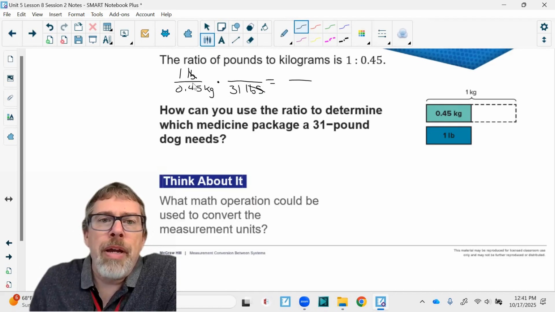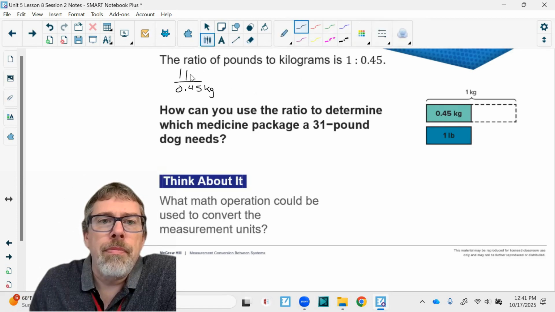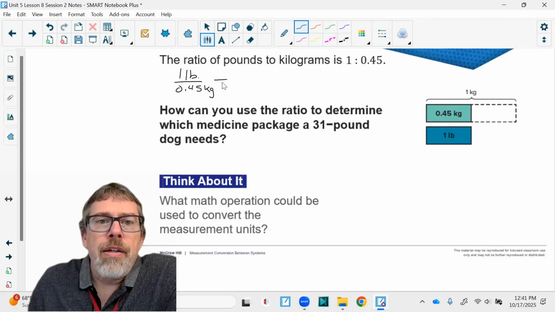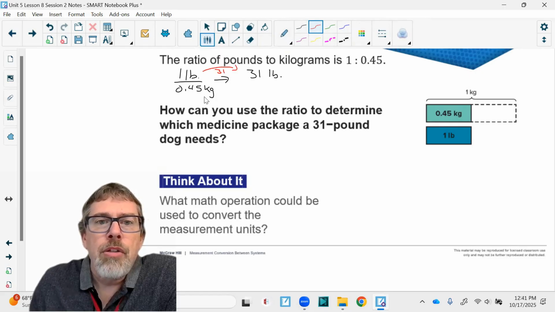So 1 pound is to 0.45 kilograms as how many kilograms is 31 pounds? That's what we're trying to find. So let me redo this instead of crossing out. If I go to 31 pounds, which is what her dog weighed, from 1 pound to 31, I multiplied by 31. So I could multiply this by 31 as well to get an even distribution.